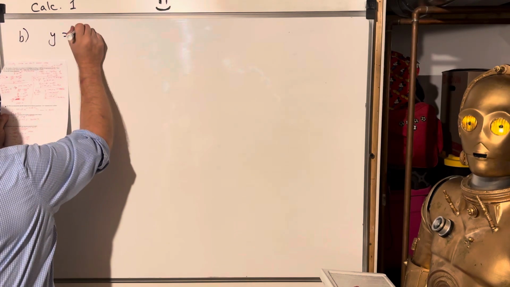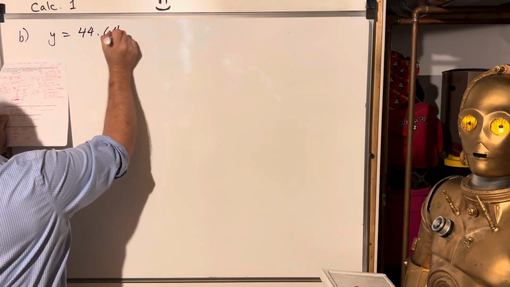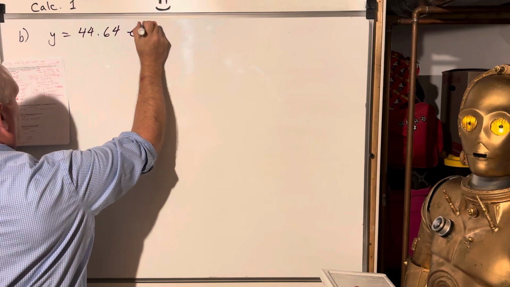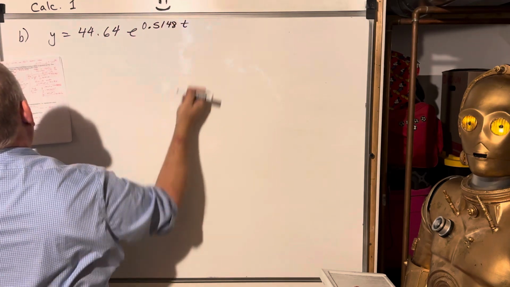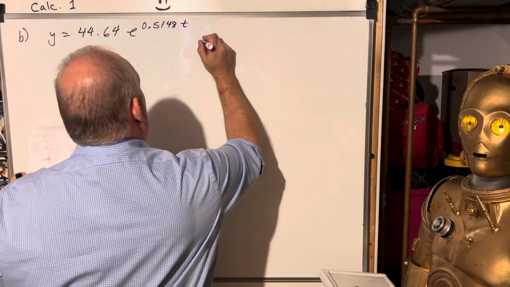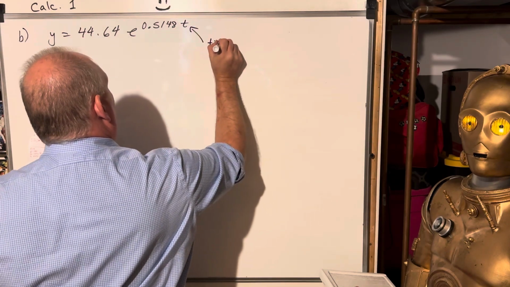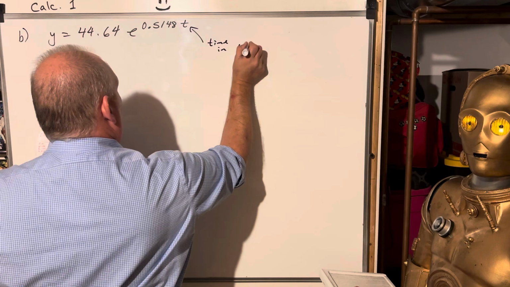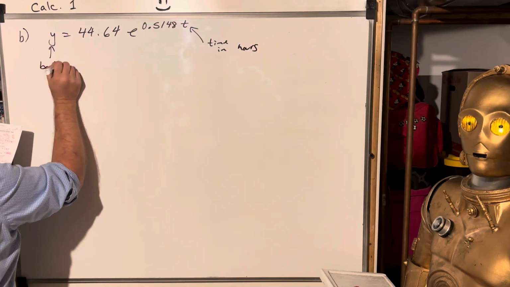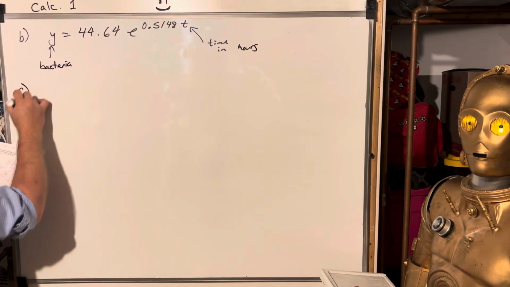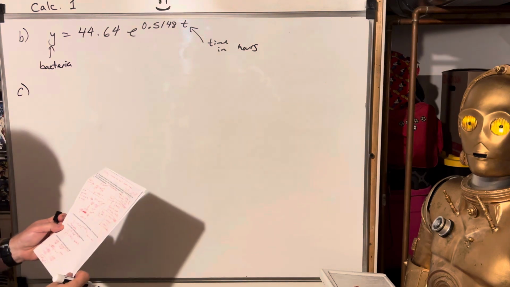So y is equal to 44.64 e to the, we'll use the approximation, 8t, where time is in hours, and y is bacteria. Use the model to find it after 8 hours.